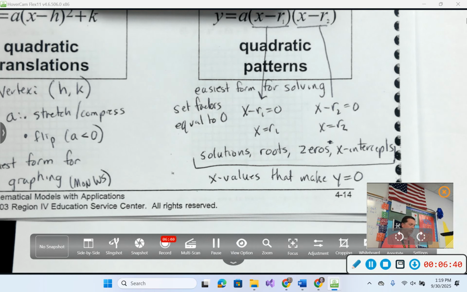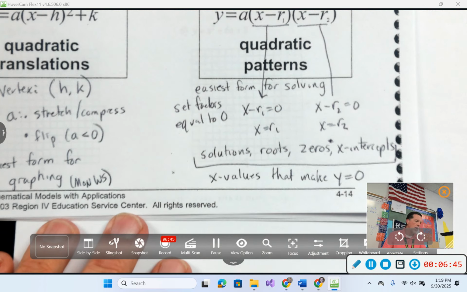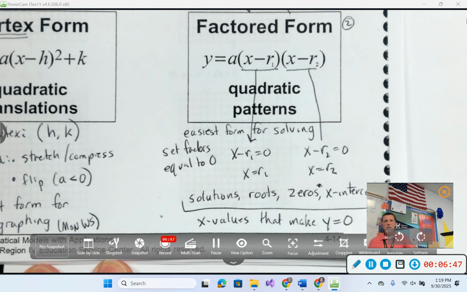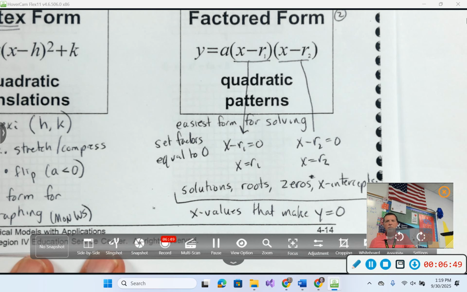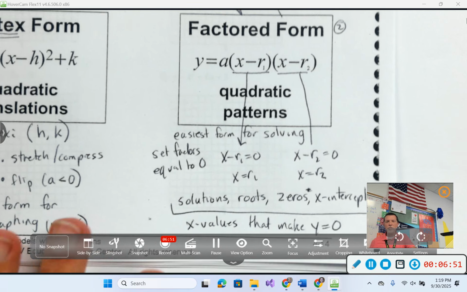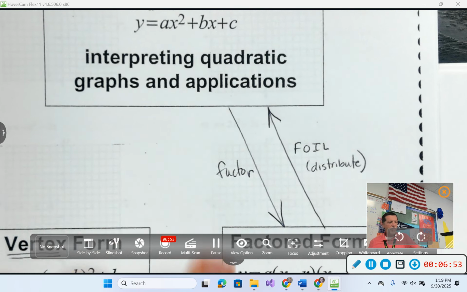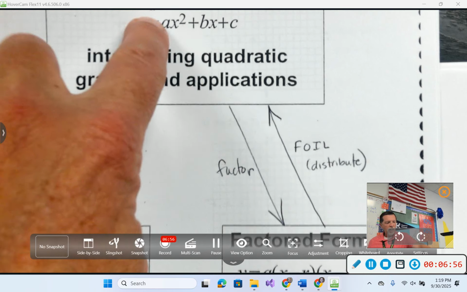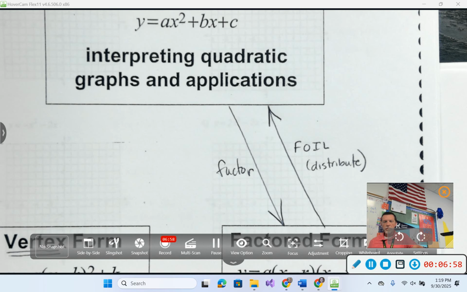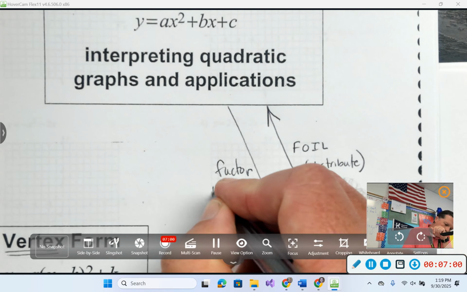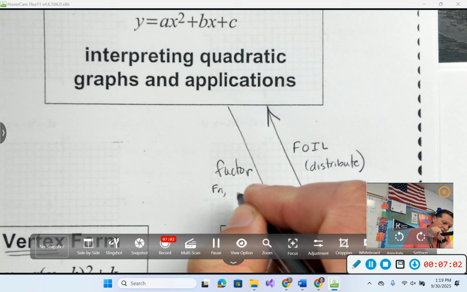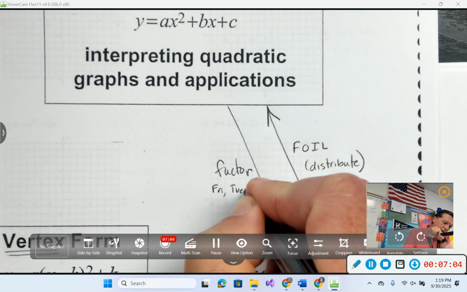So all those are kind of the same thing. All right. And because we can do a lot with factored form, that's why we spend so much time factoring, taking them from standard form into factored form. That was Friday's worksheet, and it'll be today's worksheet as well.